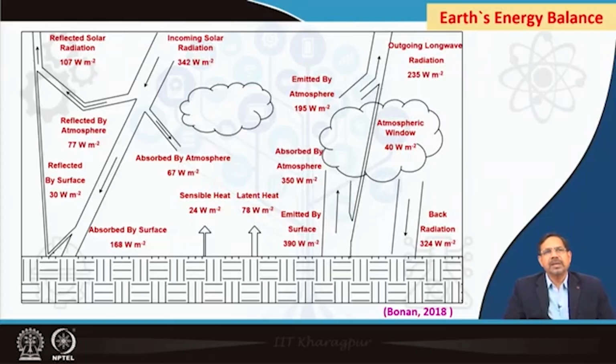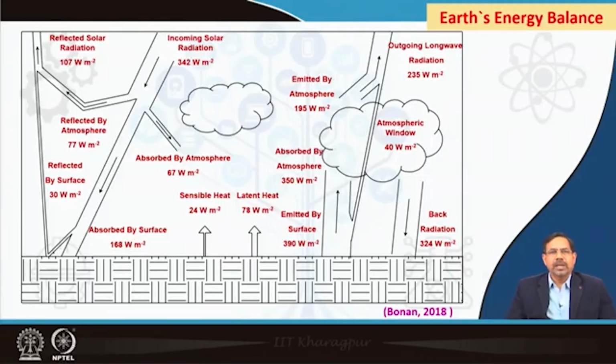The remaining 107 is reflected back: the atmosphere reflects a share of 77 watts per meter square, and the earth surface reflects a share of 30 watts per meter square. So this is with respect to the incoming solar radiation, absorption and reflectance.